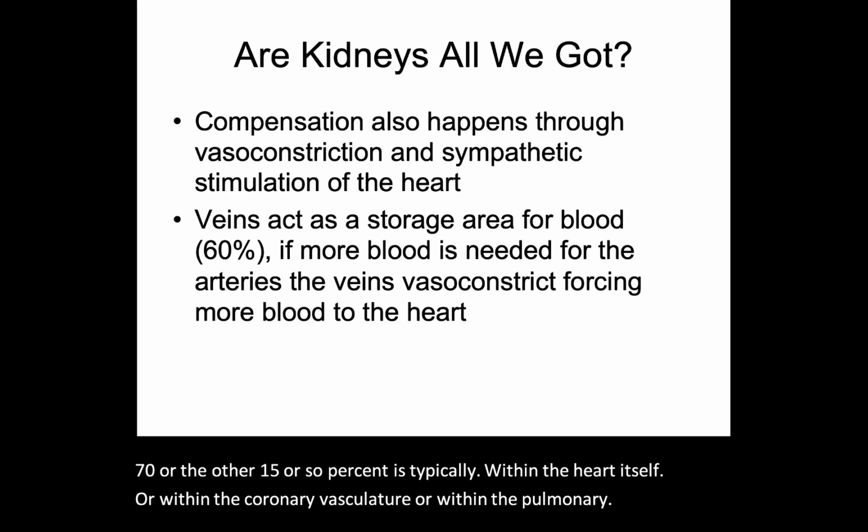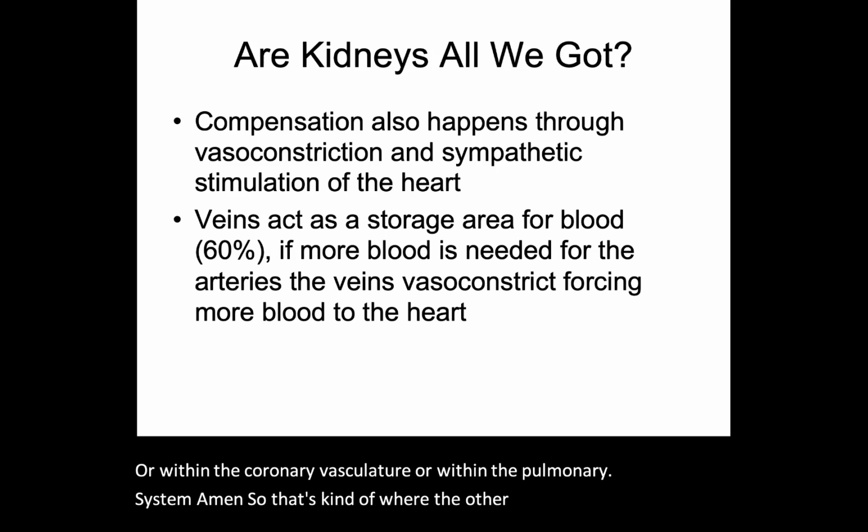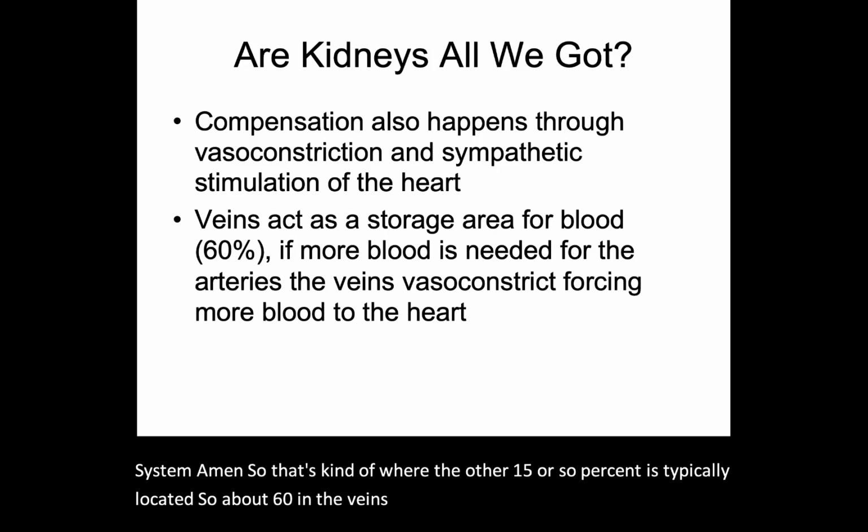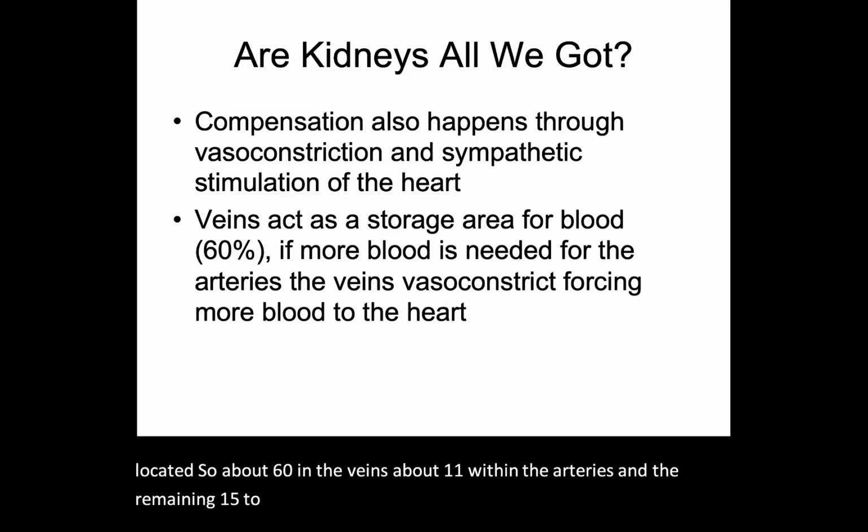So about 60% in the veins, about 11% within the arteries, and the remaining 15 to 19% is tied up within the coronary and pulmonary systems.